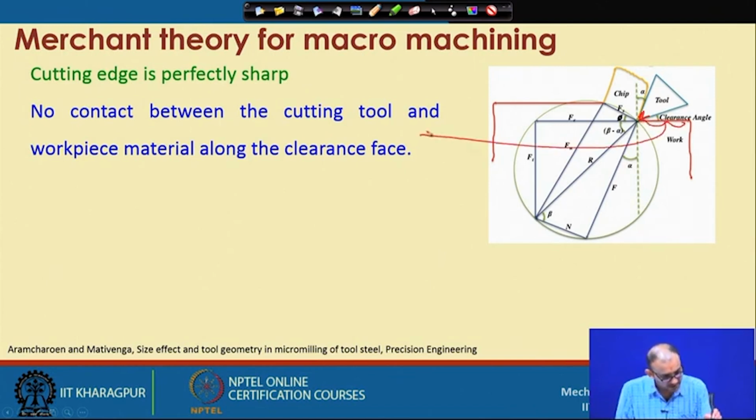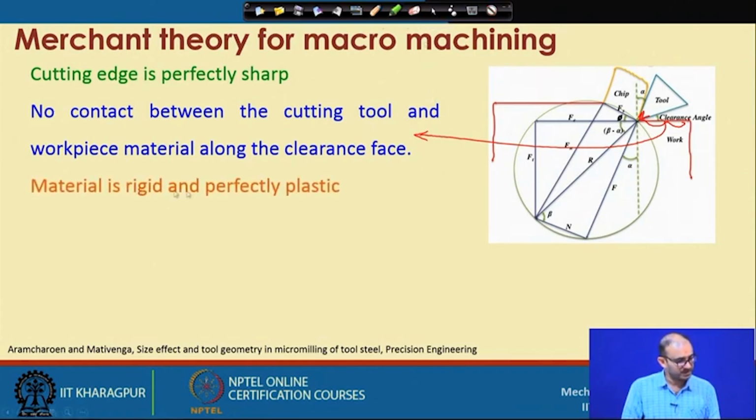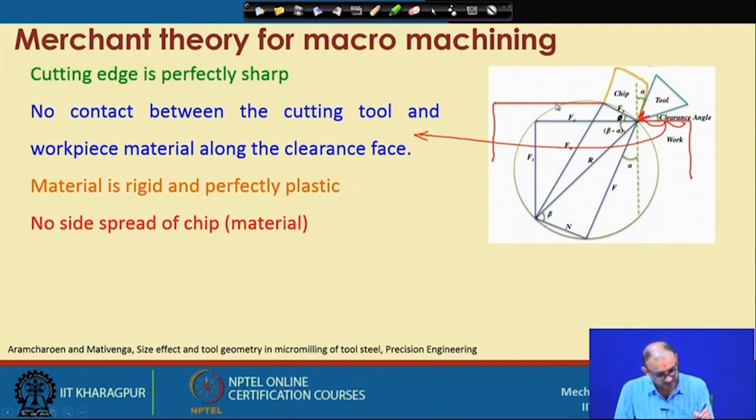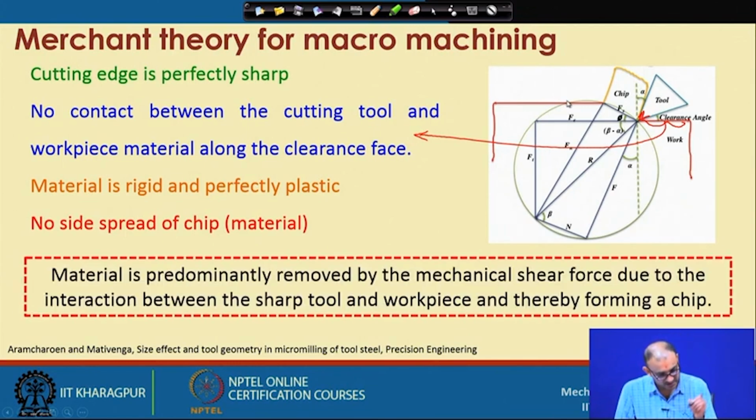The tool edge is very sharp, but that is going to be different when you talk about micro machining. Then the material is rigid and perfectly plastic. Even though it is like that, if you do micro machining at that particular scale, the material will not behave like that. We will see those things in detail. And there is no side spread of the chip material, so whatever the depth of cut is, it is here.